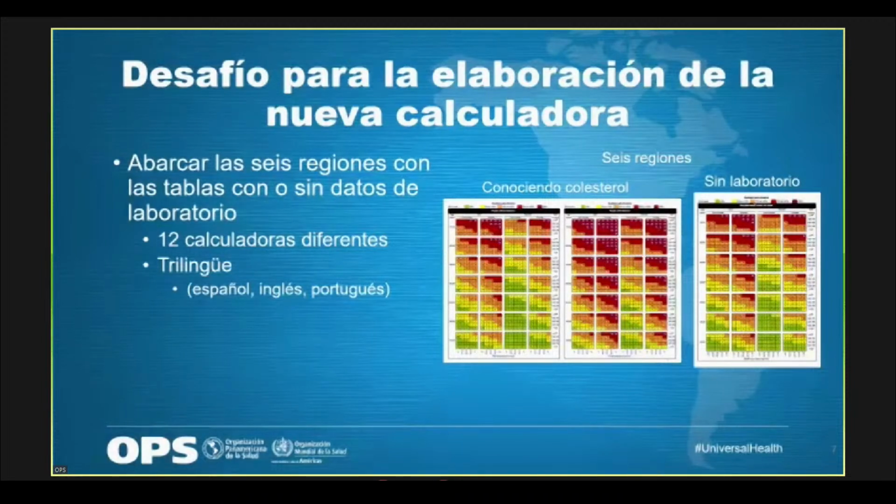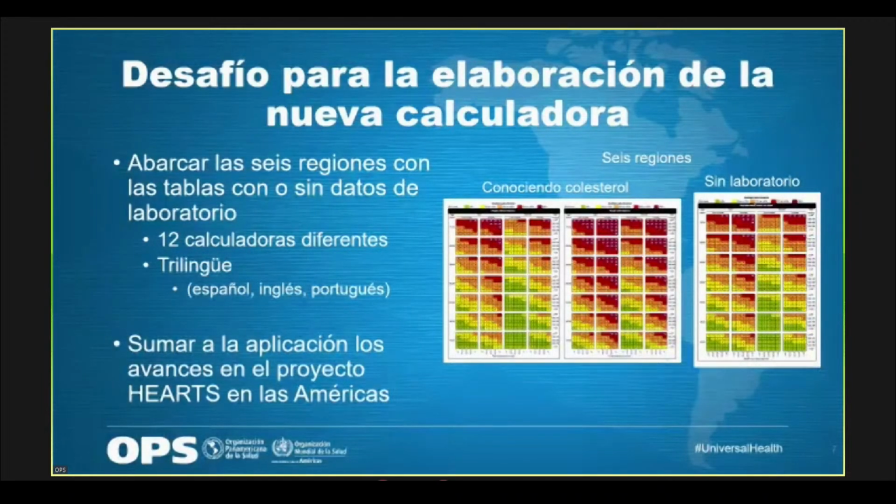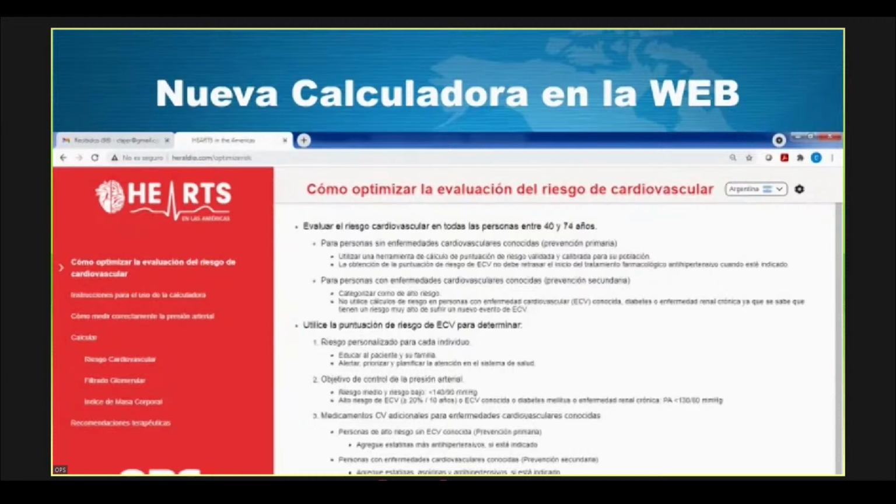The challenge that Dr. Pedro Ordóñez set for us from PAHO was to develop a new calculator that encompasses the 6 regions with and without lab data, that is to say 12 different calculators, and have it in 3 languages. It was also important to add, as part of this application, the progress made in the development of heart systems. We have concluded that task, and we are presenting the new calculator.